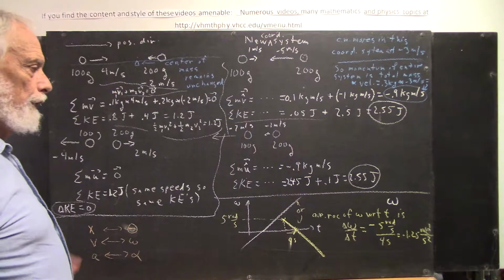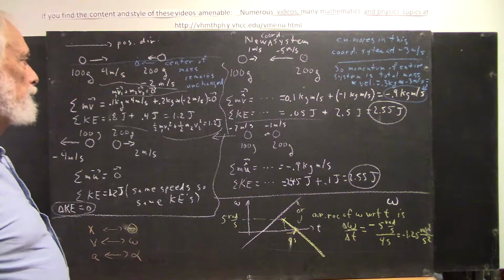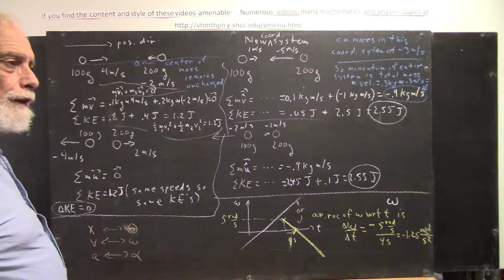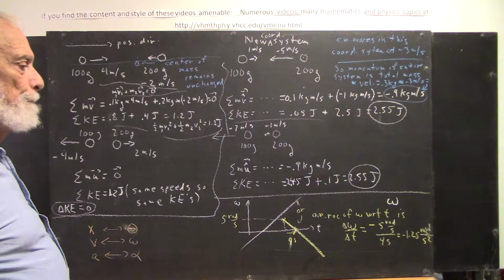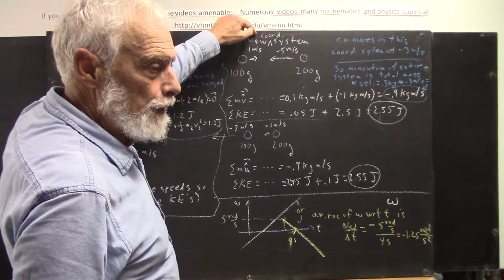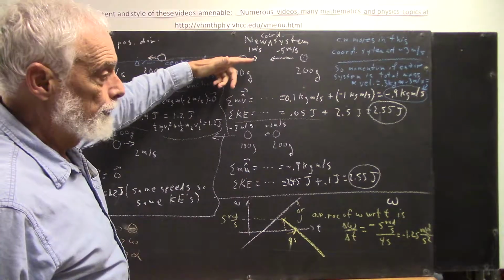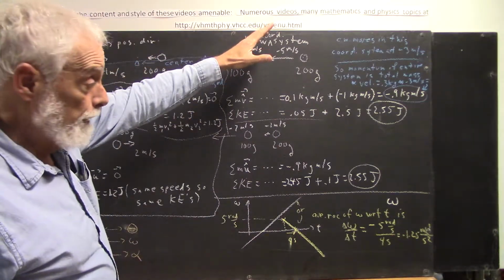Okay, the second problem involves a system where, well, I'm sorry, where your new coordinate system is moving not just in the x direction, but in some direction within the plane.